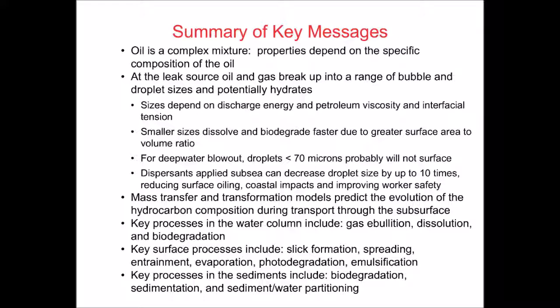If they're spread out over a big enough area, they may just be individual droplets. And we apply dispersants both at the source and from airplanes to try to break the droplets up into smaller droplets by reducing their interfacial tension, which helps them to stay suspended in the water column, either by turbulence at the free surface or turbulence at the discharge.